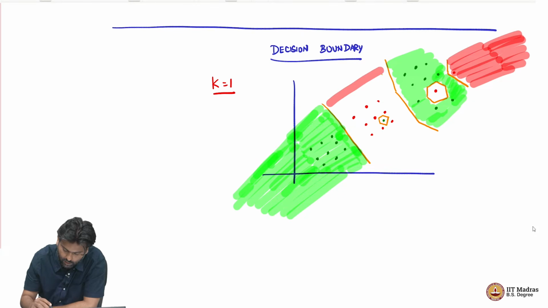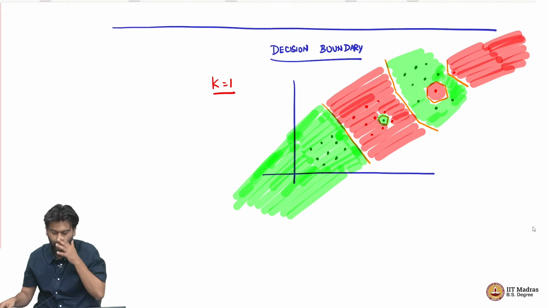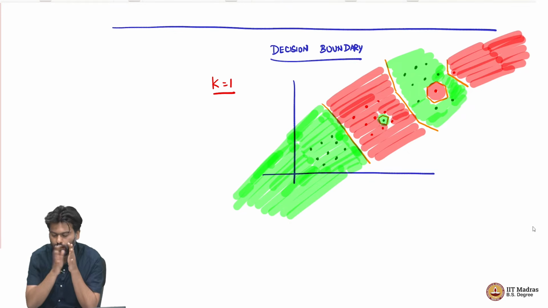Everybody in between seems red, all this would be red except for this hole, which is going to be green. Similarly, on the other side, except for this hole which is going to be red, right. This is going to be your decision boundary, right.